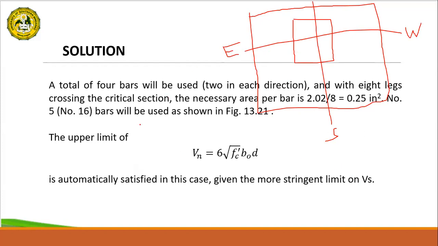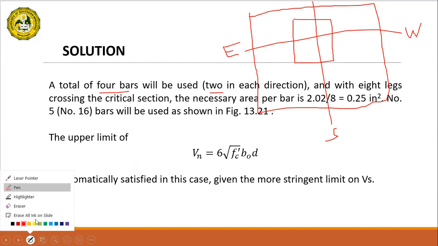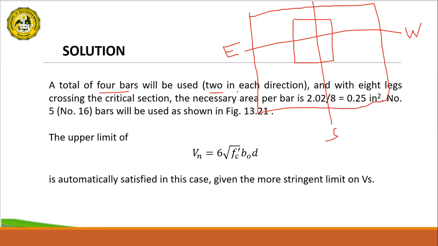So a total of 4 bars will be used. So dalawa in each direction. So there will be, palitan ko ng color. So ito yung magiging bar natin. Gagawin kong blue color. So maglalagay ako dito ng dalawang bars. Ayan.